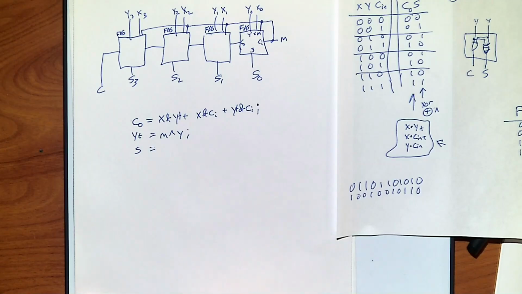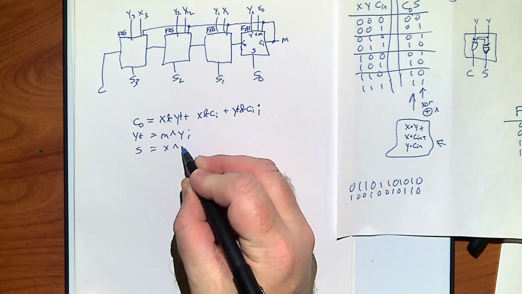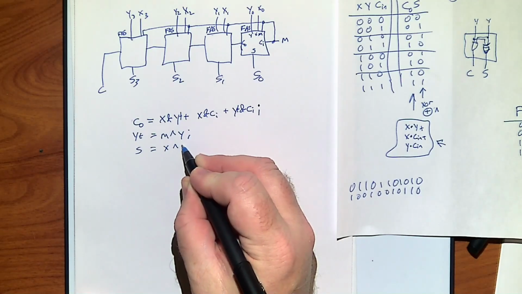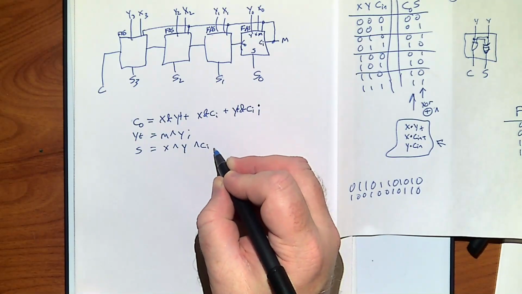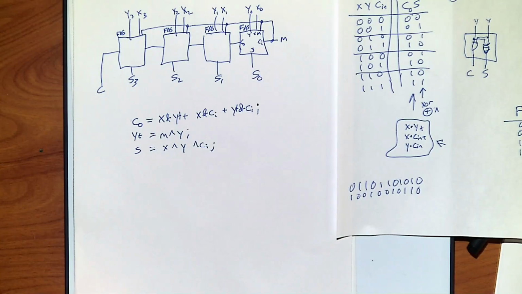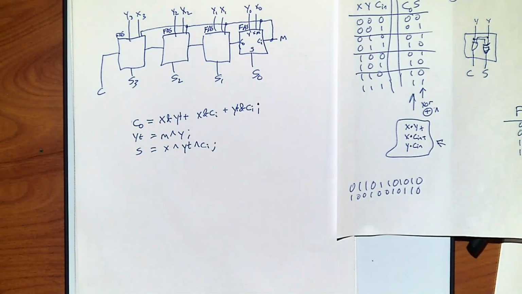XOR, X, YT. What am I trying to XOR with? Forget your T, because we need everything that has been conditionally flipped.